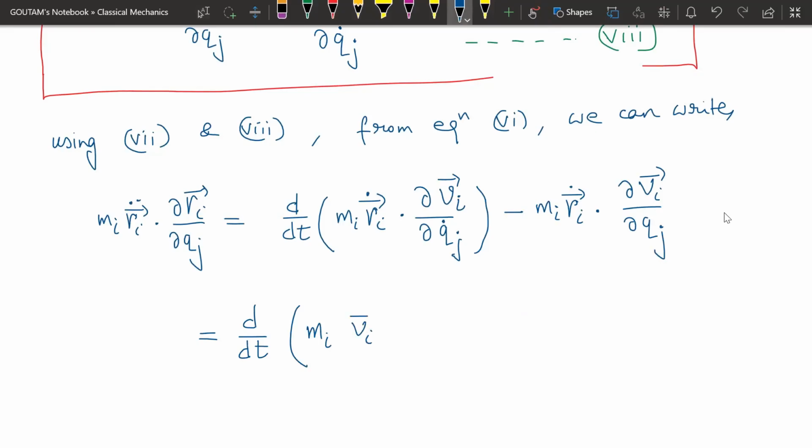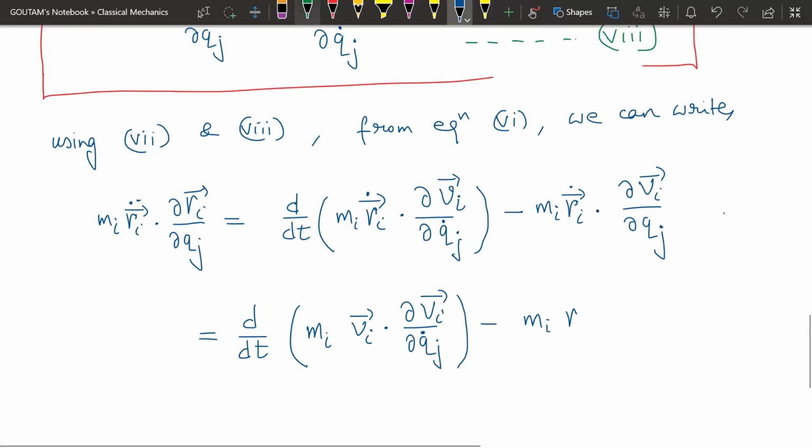So this is vi dot del vi del qj dot, minus mi, again ri dot is vi, dot del vi del qj.